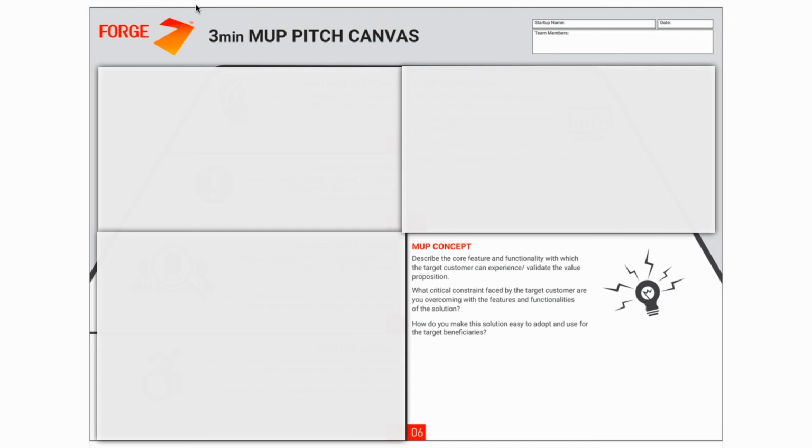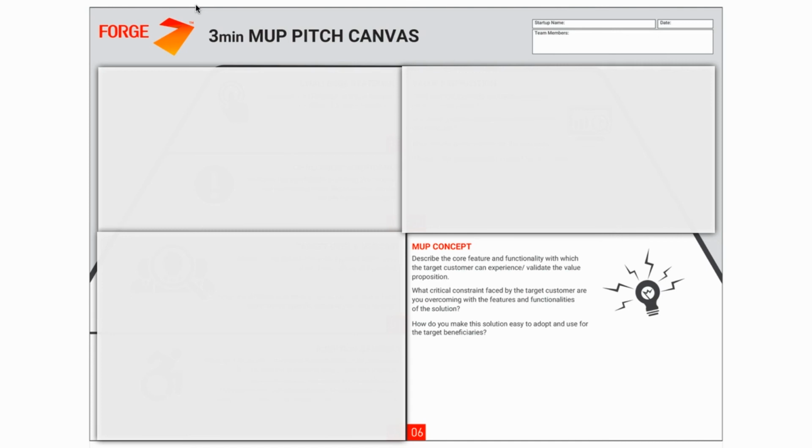It is very important for us to build prototypes with features and functionalities that attribute to these three important things. One, that helps my customer experience the value that I define that my solution would offer him.